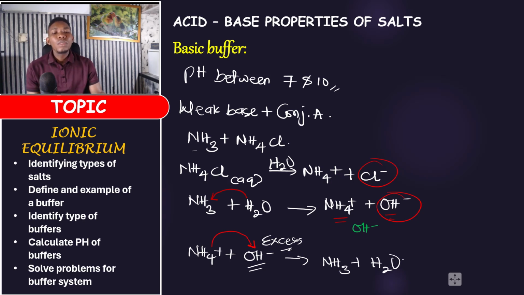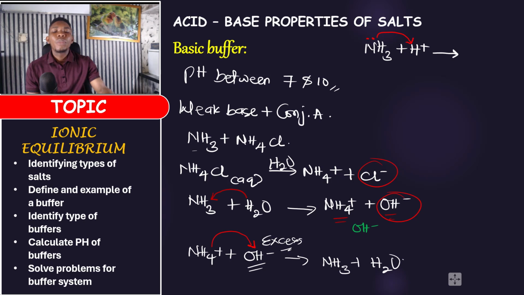So what do you think will react with H plus in this case? H plus will be reacted with by a base. And which of the bases is in this buffer now? The weak base. And which of them is the weak base? Ammonia. Ammonia is the weak base. So ammonia is going to react with H plus. And when ammonia reacts with H plus, ammonia is having a lone pair of electrons.